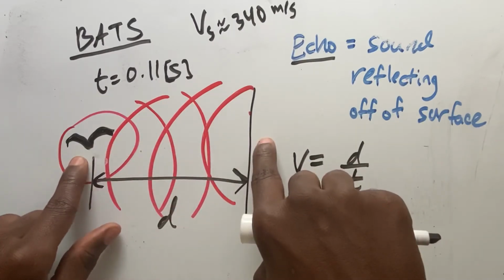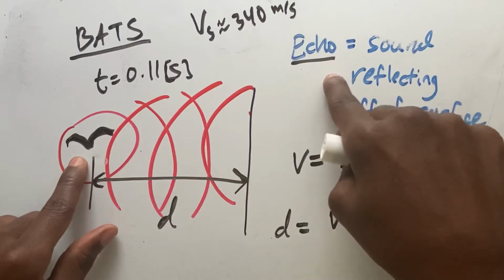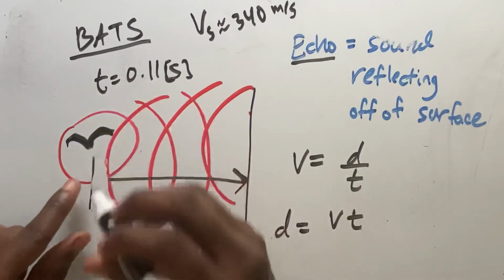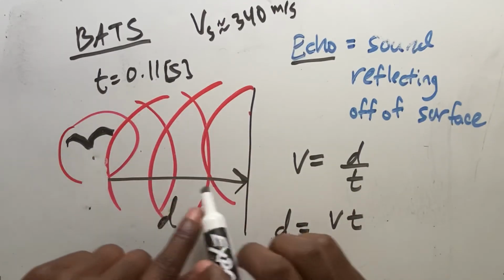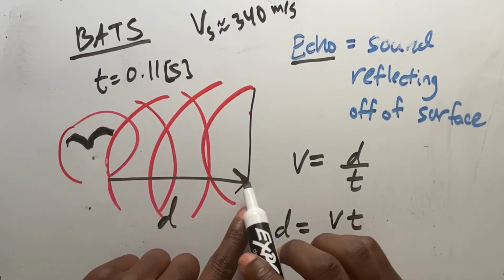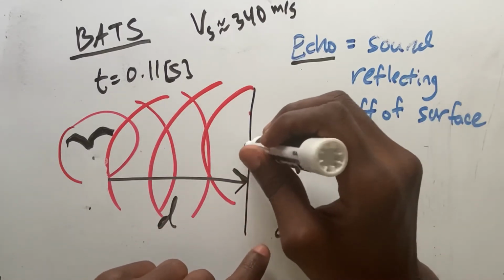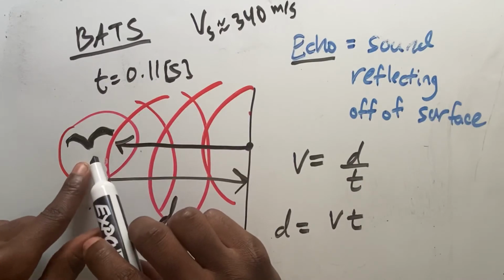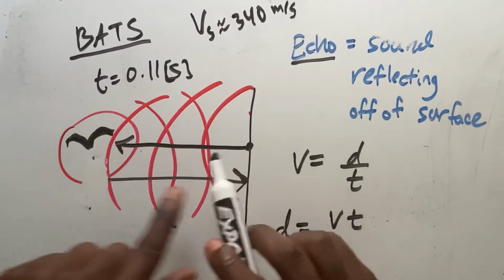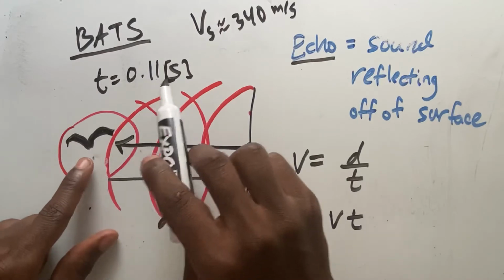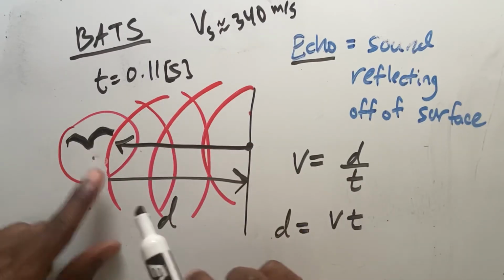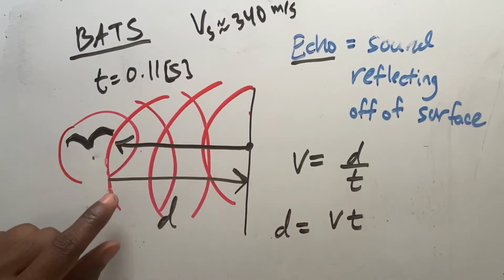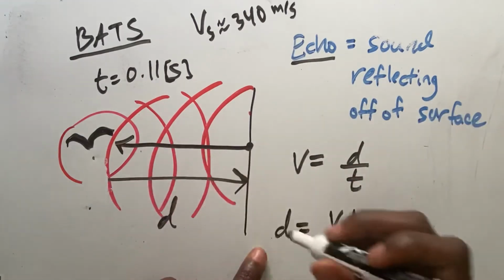But with the way that an echo works, first it comes from the bat, goes this way, some distance D. Then it bounces off of the wall and goes back to the bat. So for it to do this whole path, it takes 0.11 seconds. That's basically a distance of 2D. So for an echo, the distance was actually 2D.